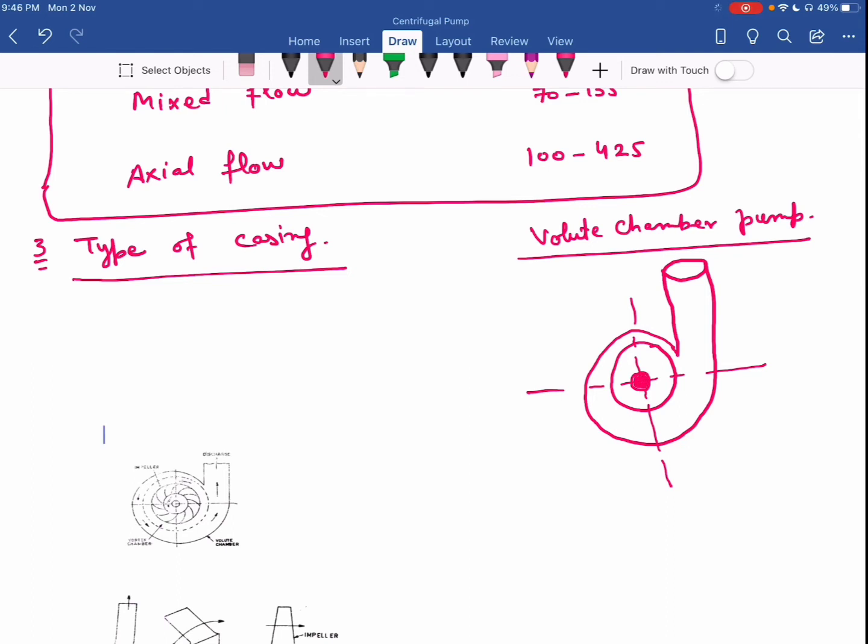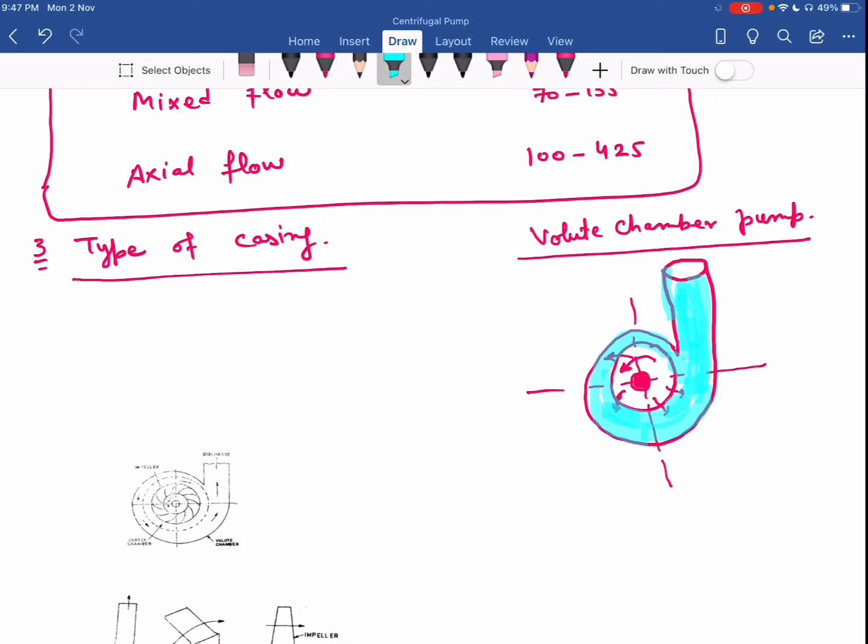From the impeller, the water comes out. This shape of casing is the volute or spiral shape. In the direction of rotation of the impeller, the cross section of casing gradually increases towards the delivery side. So this is the volute chamber, spiral chamber, not the vortex one.